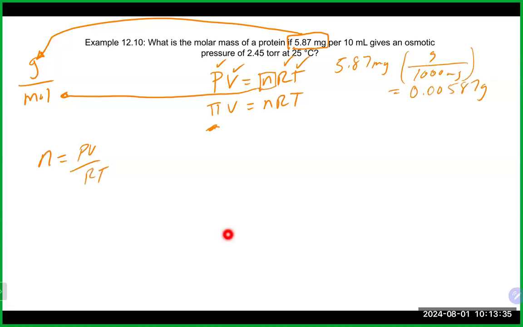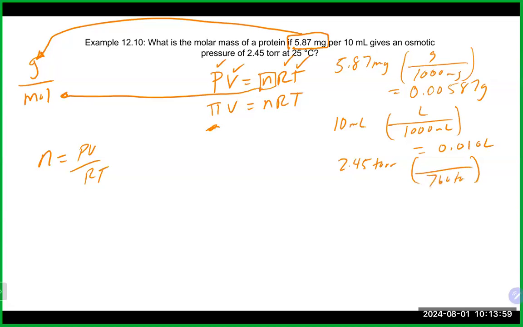First off, our 10 milliliters converted to liters. Remember, we still need to make sure everybody's in the proper units for our ideal gas law, even though it's osmotic pressure. Our torr needs to be converted into atmospheres, so 760 torr is an atmosphere. That's going to give us 2.45 divided by 760, 0.003223. And our 25 plus 273, 298 Kelvin.